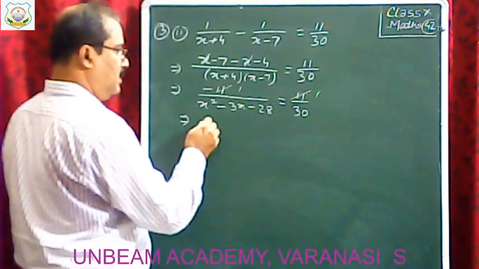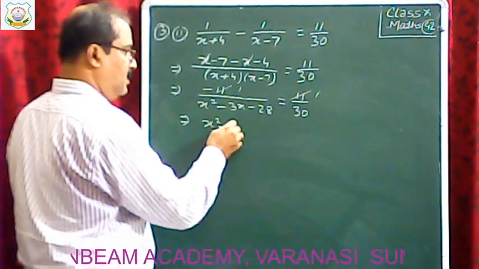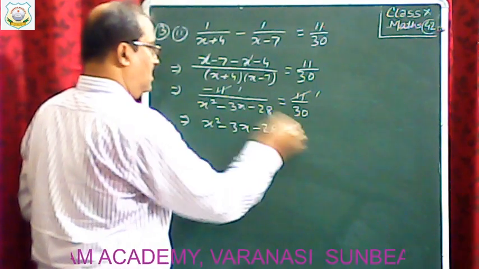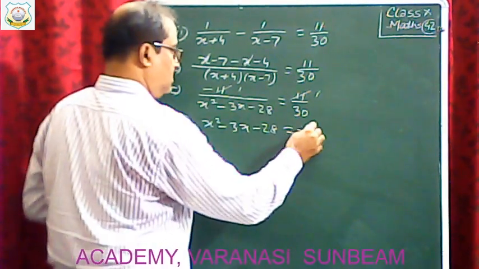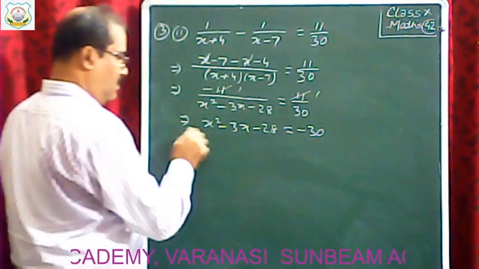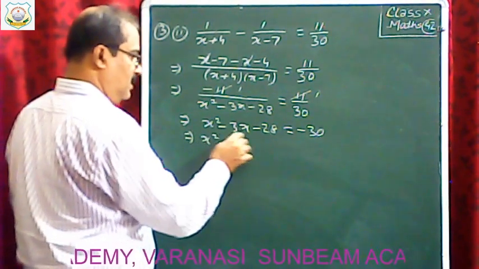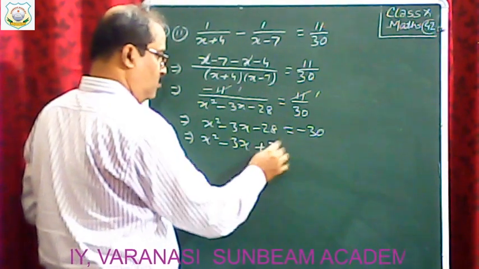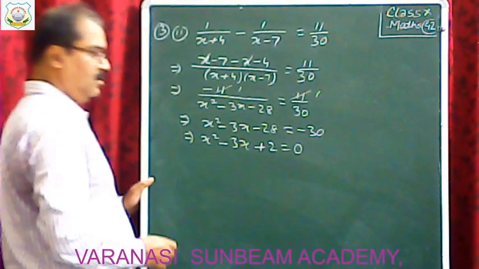So finally what we get? By cross multiplication, 1 into x square minus 3x minus 28 equals 1 into 30, so minus 30. So x square minus 3x, transposing, plus 30 minus 28, so plus 2 equal to 0.